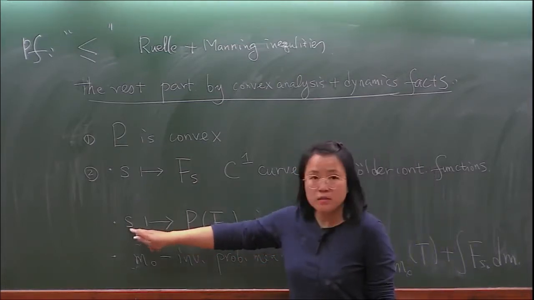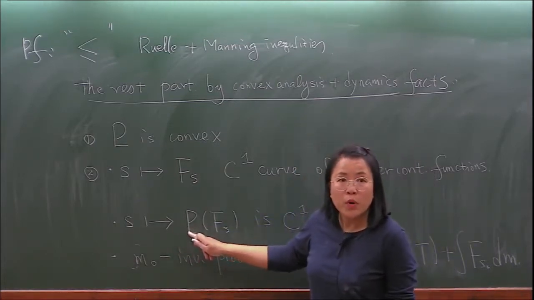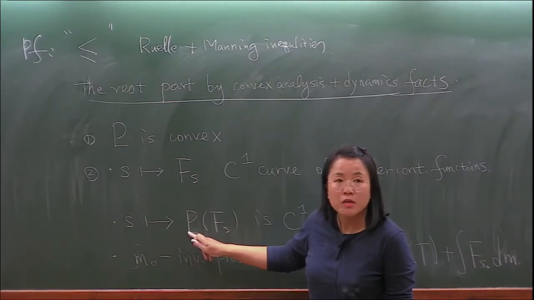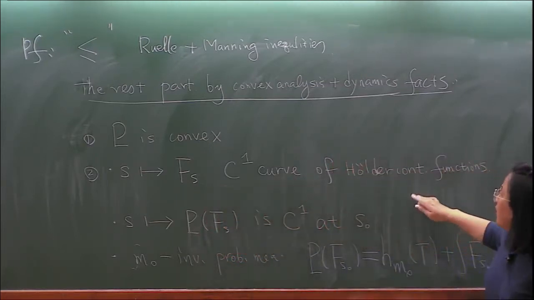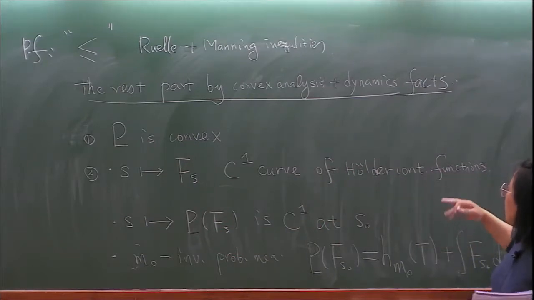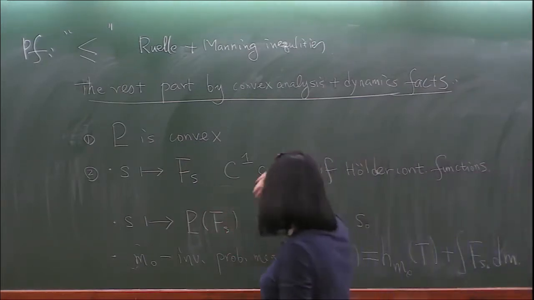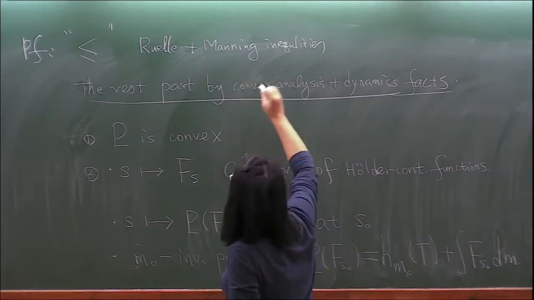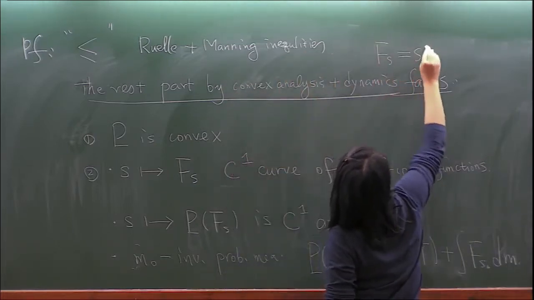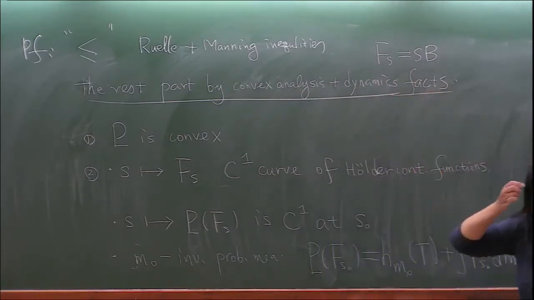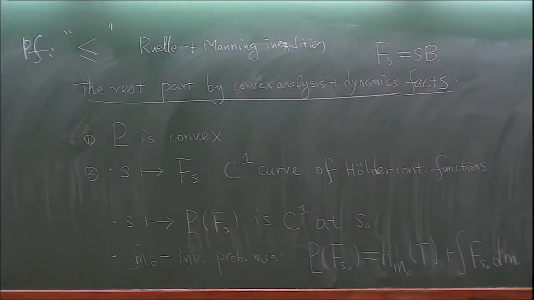It's a C1 curve of Hölder continuous functions. So maybe let me, in our case, actually, what we will consider here is Fs equals sb. A C1 curve in the space of Hölder continuous functions.